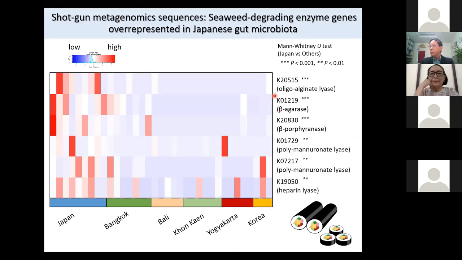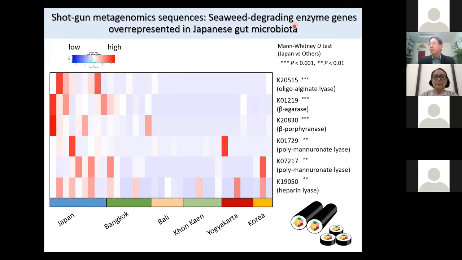Also, this is an interesting result from the whole shotgun genomic sequencing data. We Japanese are very rich in bacteria encoding seaweed-degrading enzyme genes.